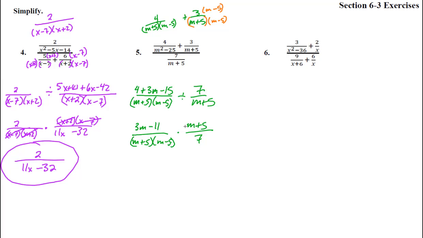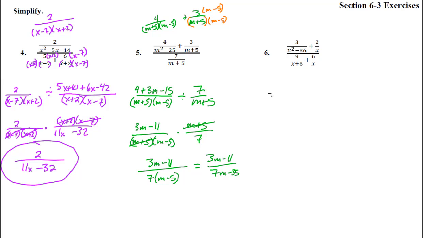And does anything cancel? Yes, this m plus 5 will cancel with that right there. And we're left with 3m minus 11 over 7m minus 5. Does the top simplify at all, factor, so we can cancel anything? Nope. So we could write it like that, or we could write it like 7m minus 35. Either way would be just fine.